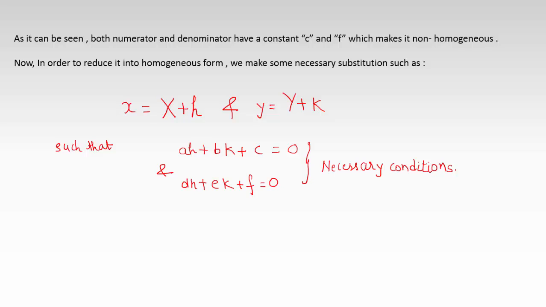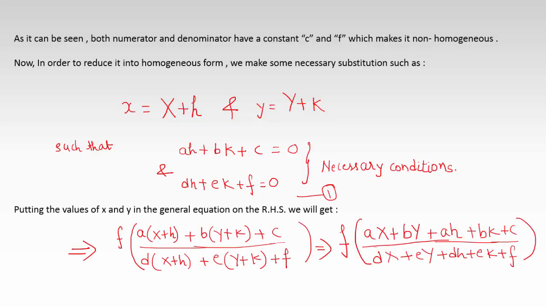These are the conditions h and k must satisfy in order to make our given equation a homogeneous equation. Now putting the values of x and y, that is capital X and Y, we get dy/dx = f of (ax + by + ah + bk + c)/(dx + ey + dh + ek + f).